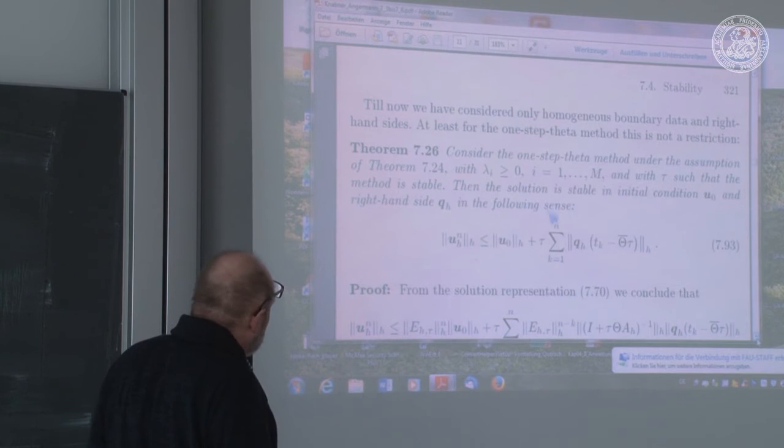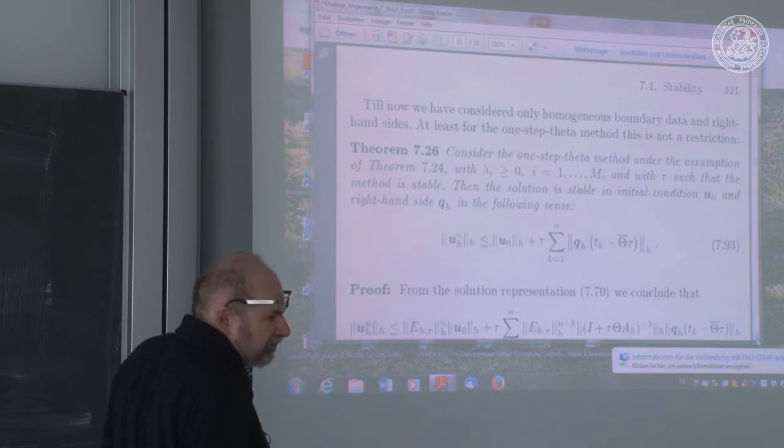We can estimate the solution at every time level n in the corresponding norm, always the same norm, the induced norm, by the norm of the initial data and tau times the sum of the right-hand side data. Here you might recognize that this is again something like a time integral from 0 to T_n approximated with a quadrature rule.